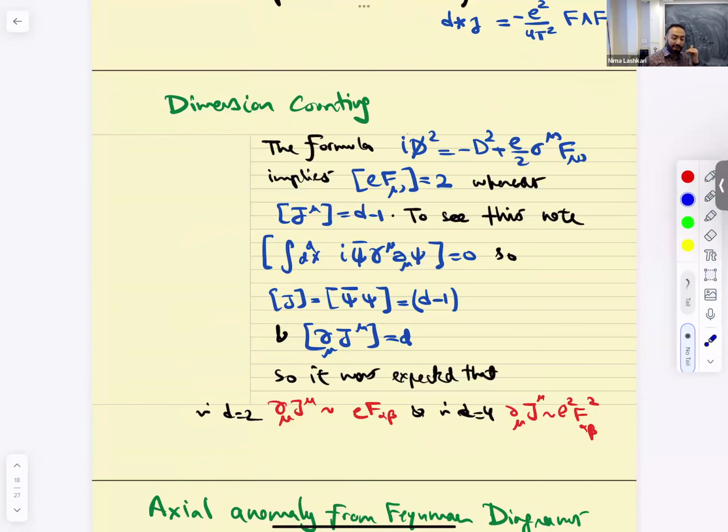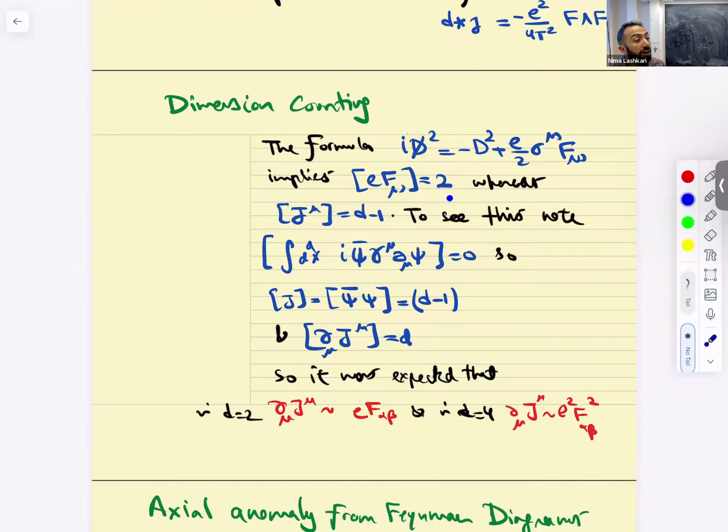All right. Again, quick dimension counting. iD-slash squared is minus D squared plus e over 2 sigma mu nu F mu nu. This immediately tells you that e F mu nu has dimension 2. We know that J mu has dimension D minus 1, so D mu J mu has dimension D. In arbitrary space-time dimensions, this guy is dimension 2.